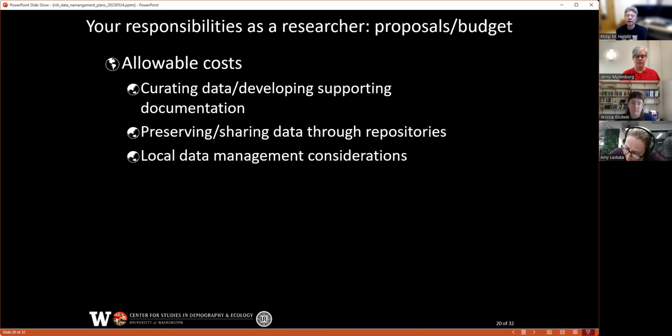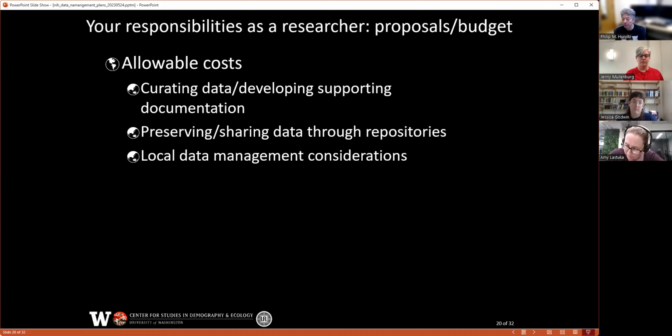So if your work in the past was developing data, if you had a grant-funded project that developed a lot of data, but you didn't really worry about sharing it outside of your own research group, but now you have to worry about sharing that outside of your research group, it would include packaging the data in ways that others could use it and documenting the data in ways that other people could use it. Well, that's something that you didn't have to do in the past that you're going to have to do now. You can ask money to cover those activities.